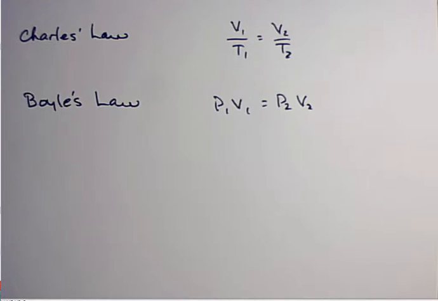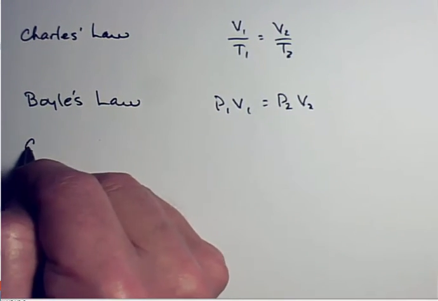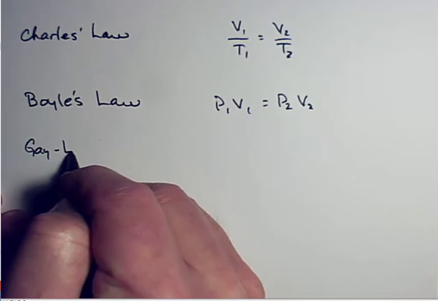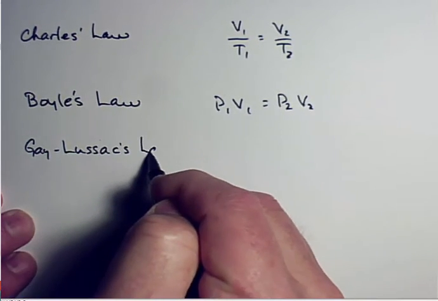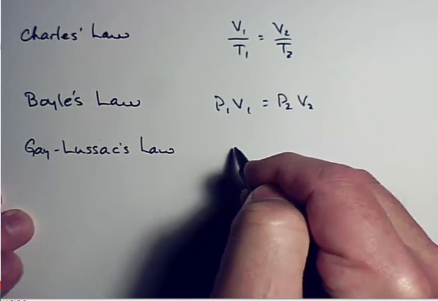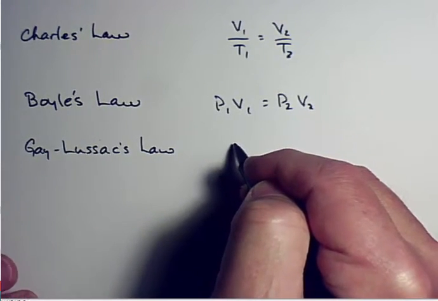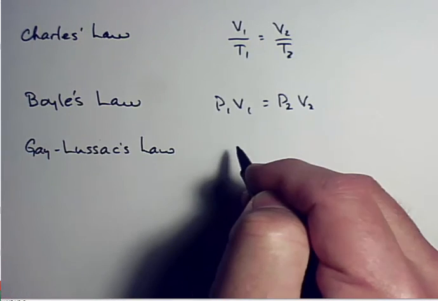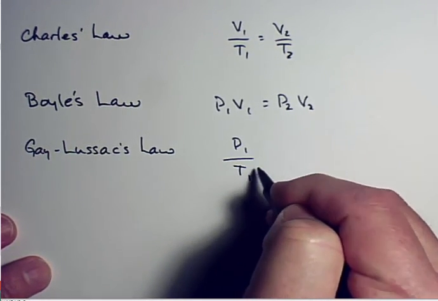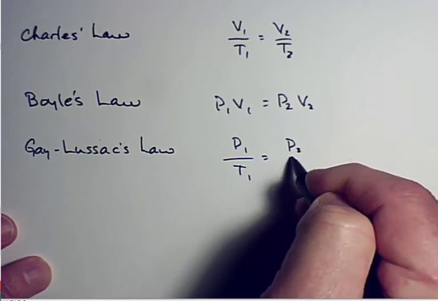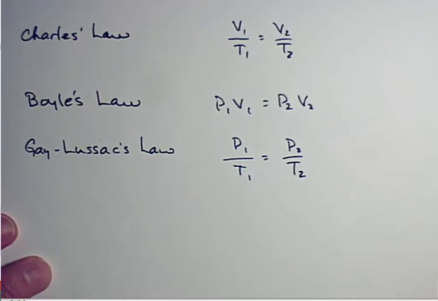He attributed that law to Charles, and that's why we call it Charles' law. But Gay-Lussac had his own law. His gas law, the gas law for which we give the name to, is P1 over T1 equals P2 over T2.